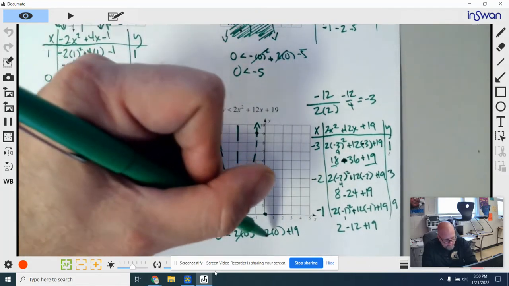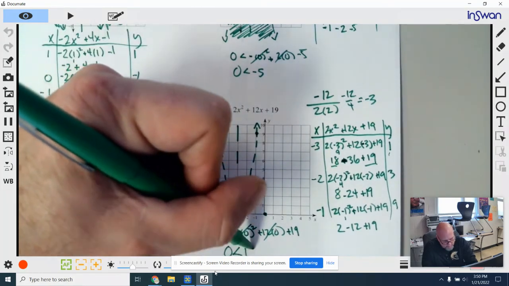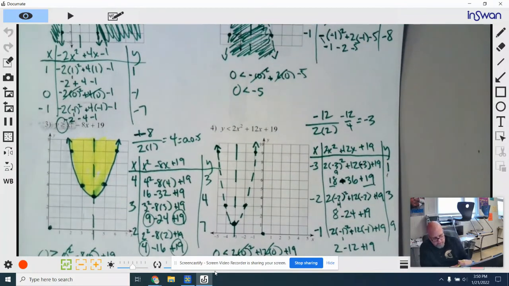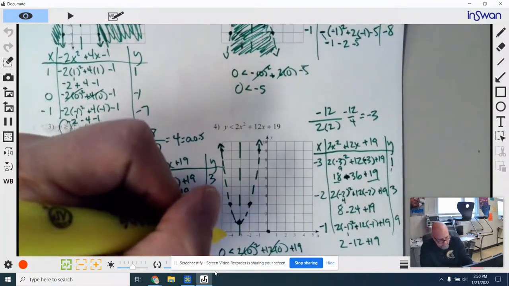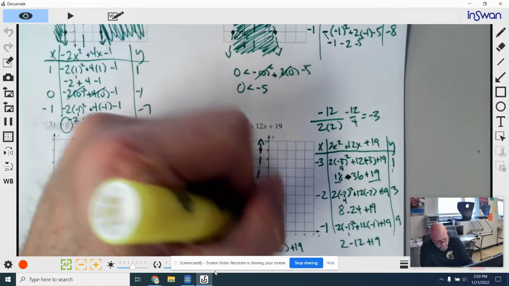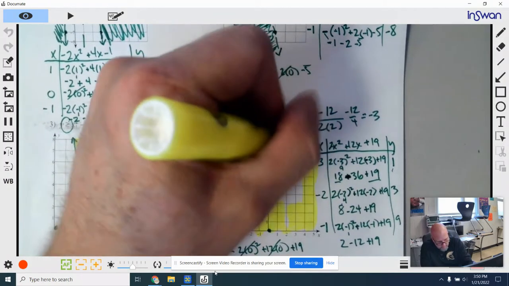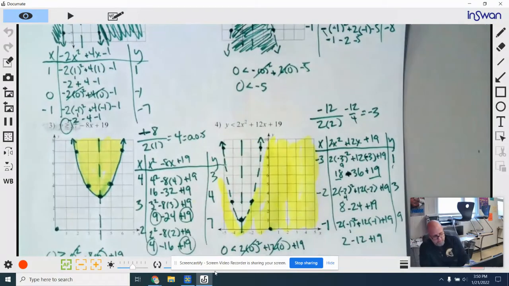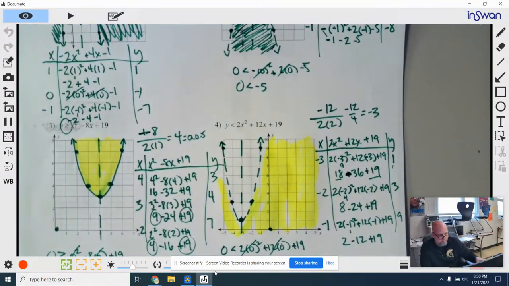Okay, so that cancels, and you get 0 is less than 19. And yeah, that's a true statement, which means everything on the outside needs to be shaded. So here's a good case to use a highlighter. Goes a lot faster. Everything in that graph on the outside of that parabola could be a solution.